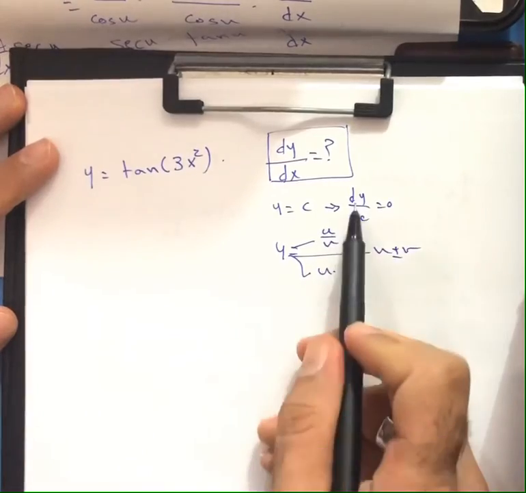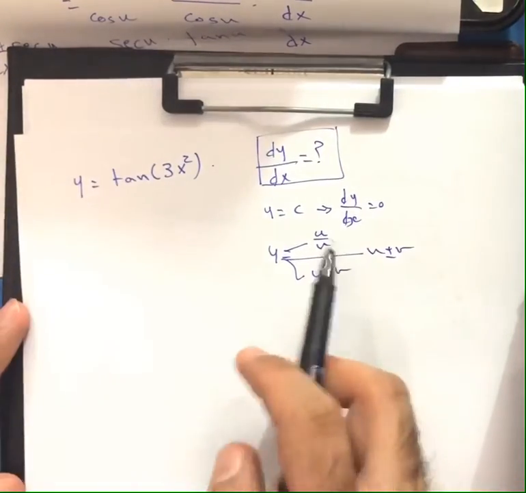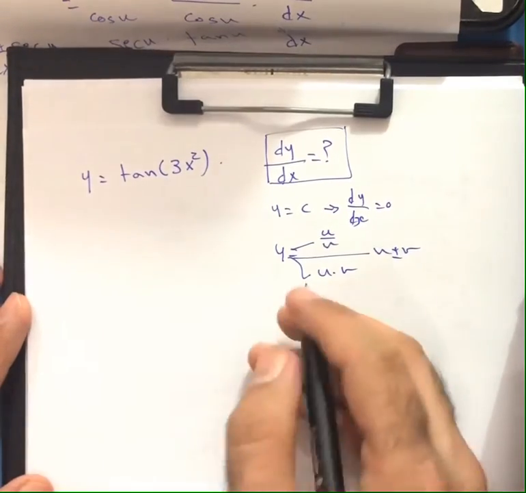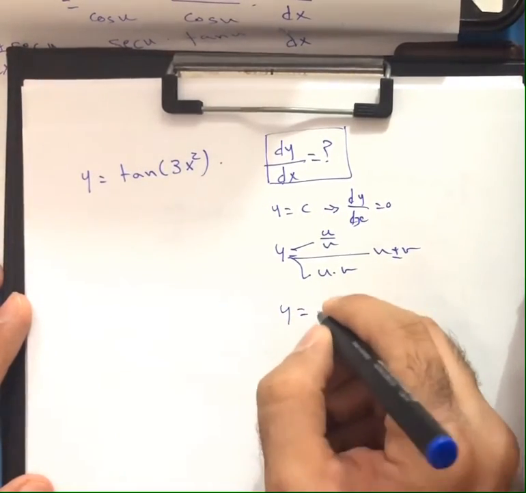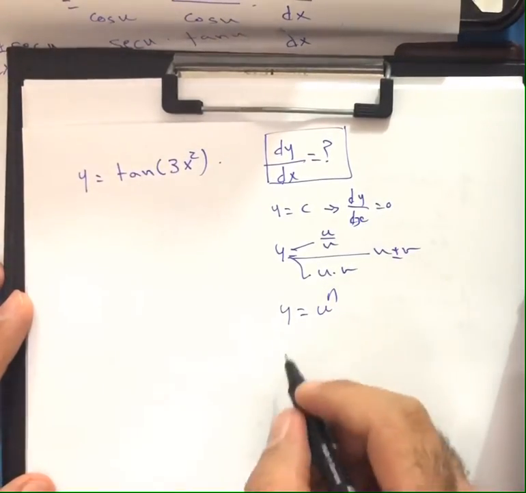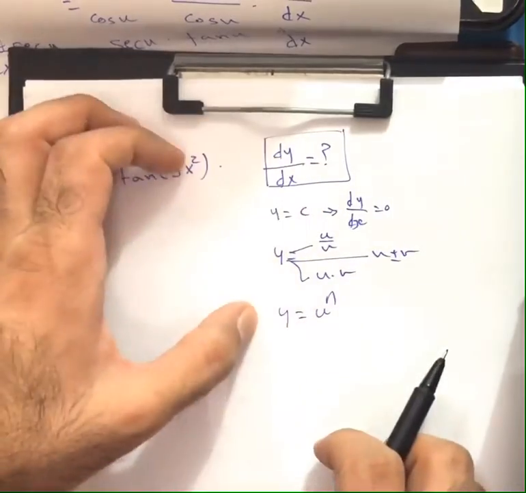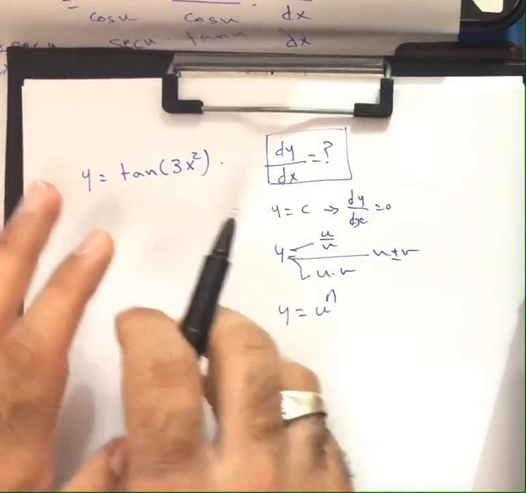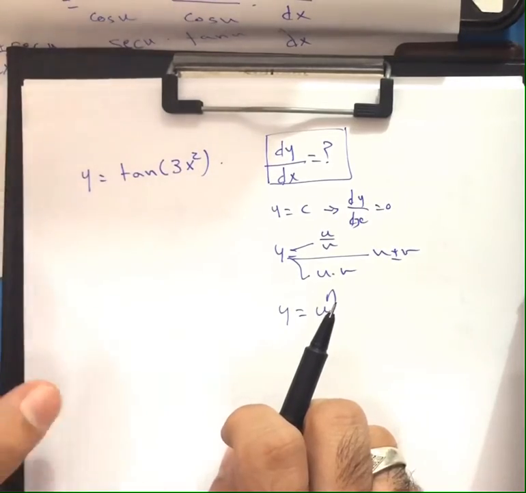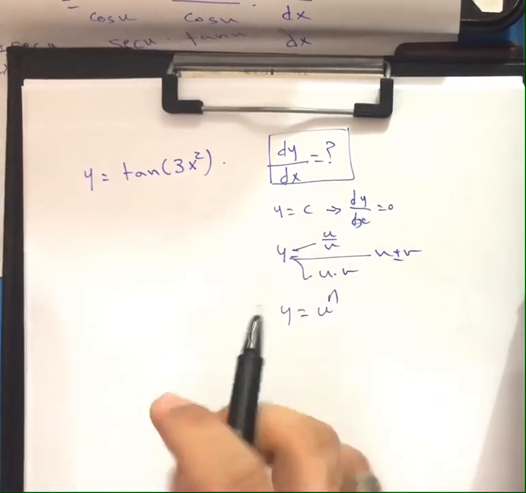Actually, we illustrate how can we find the derivative for all these functions. And also we should keep in our mind that u to the power n, this is actually very important. And now we can apply this rule to any function, trigonometric function, exponential or logarithmic function, or any function, so that we can find dy by dx.